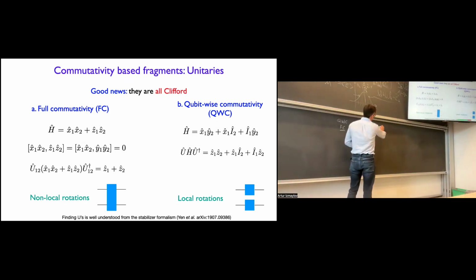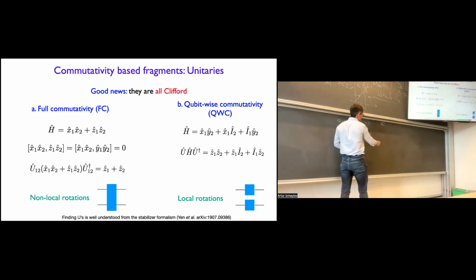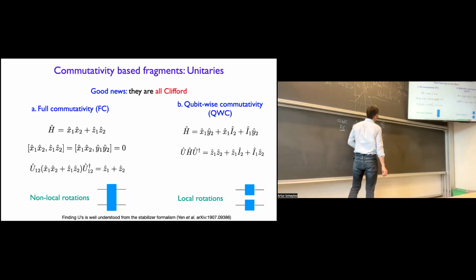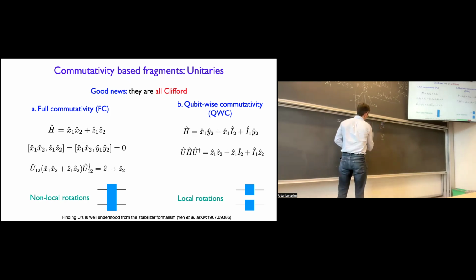So if we initially had n to the 4 Pauli products, that means here we will end up with n cubed groups, while here we still end up with n to the 4th groups, right? So this is the size of the group, and this is the number of groups.